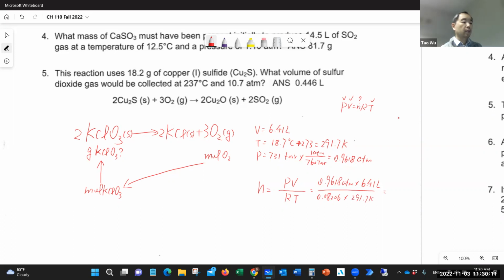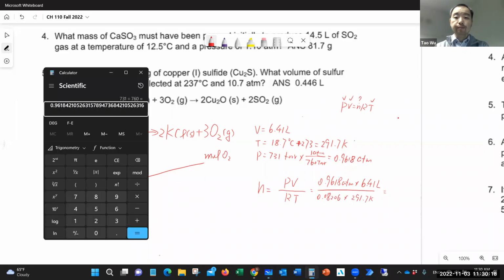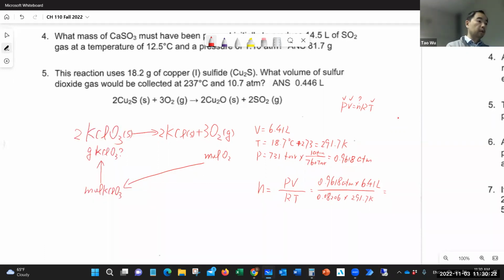Once you figure this out, you get the moles of oxygen. And by the way, make sure you have parentheses when you type this into the calculator.